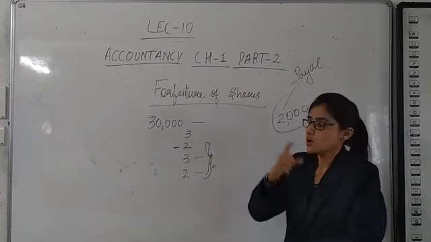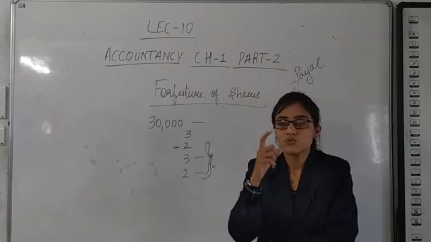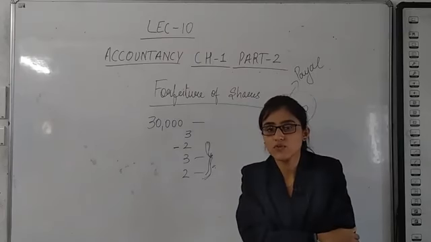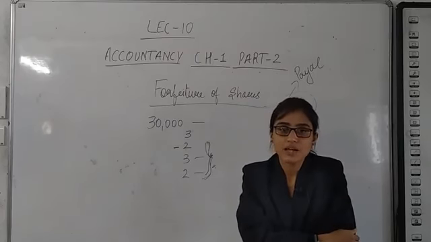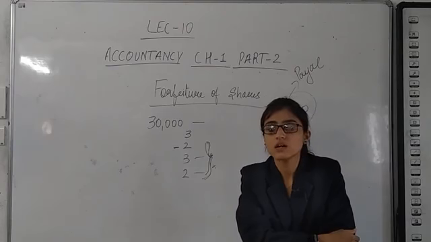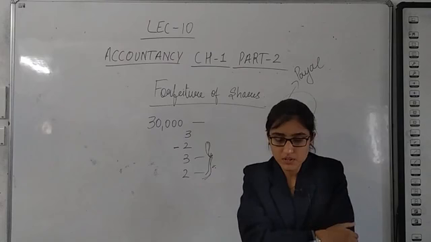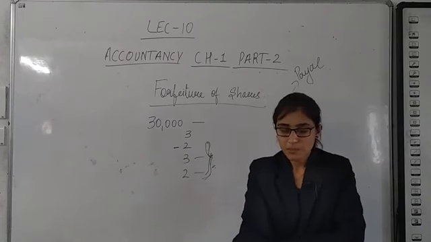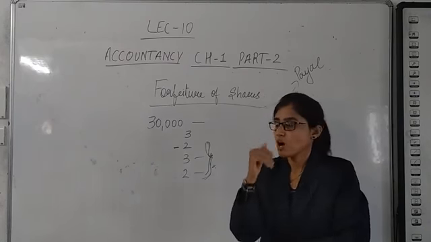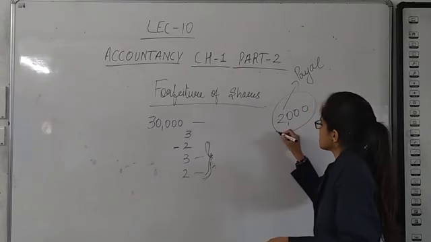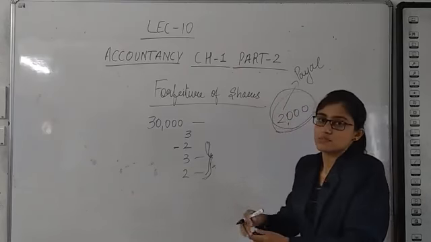Always remember, whenever you write the journal entry for forfeiture of shares, share capital account is always debited, with the amount given as the number of shares forfeited. How many shares are you going to forfeit? Consider this example: 2000.